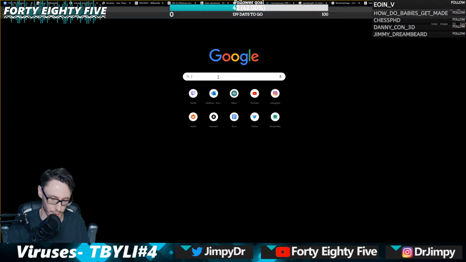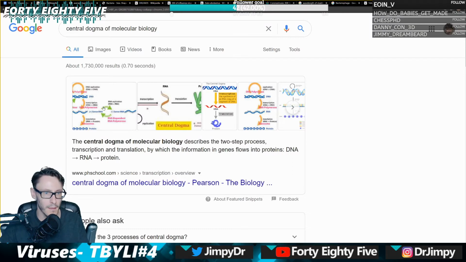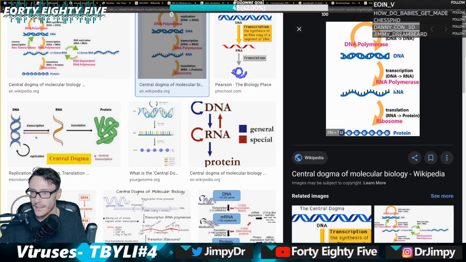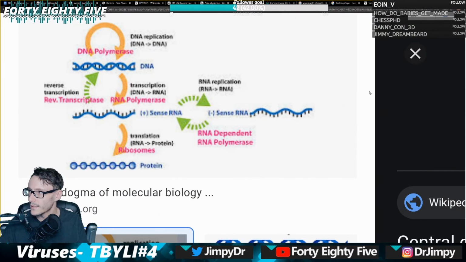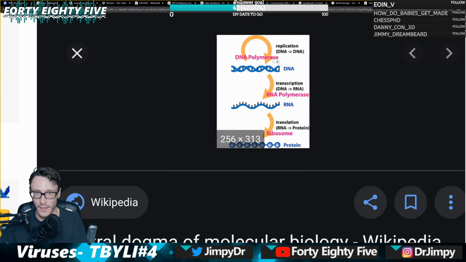It's called the central dogma of molecular biology. It's a bit easier, a bit simpler. It's this idea that you have in your body regularly in your cells, nothing to do with viruses. You have DNA. DNA is converted into RNA. It's transcribed into RNA, and then the RNA is translated into protein.